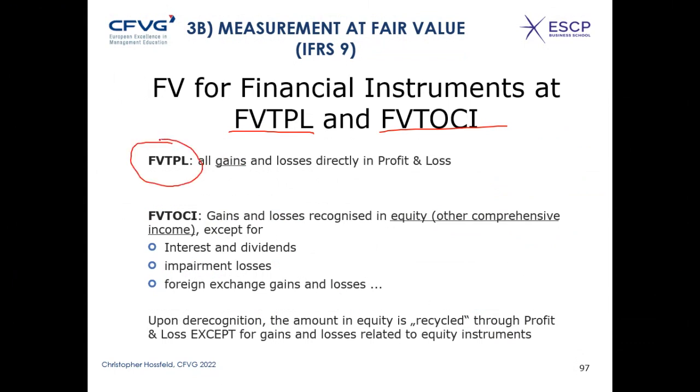Well, that's rather easy because it means that today I buy the asset, so I have the acquisition cost as the first balance sheet value, and from there on, I fair value my instrument. And the fair value goes up, the fair value goes down. All of this is accounted for, and all fair value changes go directly in profit and loss, which means directly in my income statement. And then we are done.